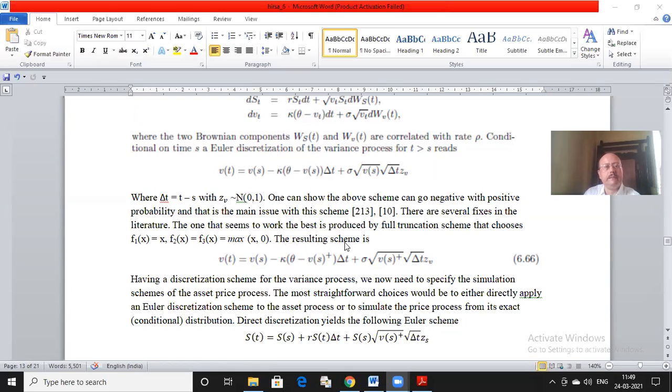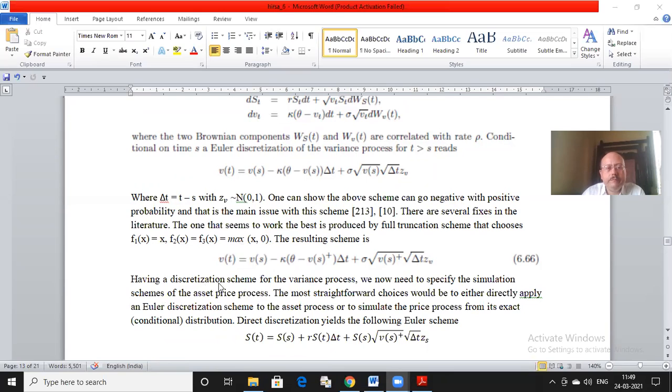That's as in the truncation scheme. So the resulting final equation will look like V_t equal to V_s minus kappa (theta minus V_s^+) delta t. So V_s^+ is maximum of V_s and 0. Again, sigma square root of V_s^+ square root of delta t Z_V. So the truncation scheme cuts off as soon as x becomes negative.